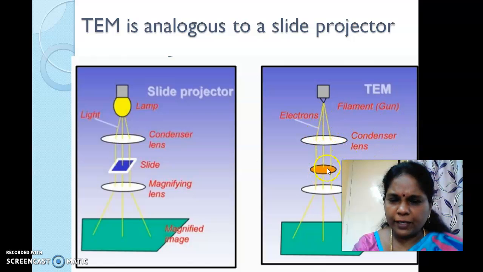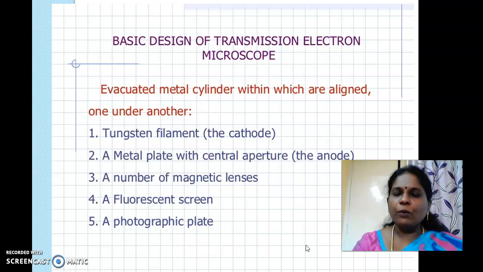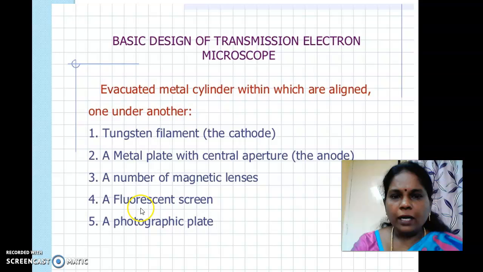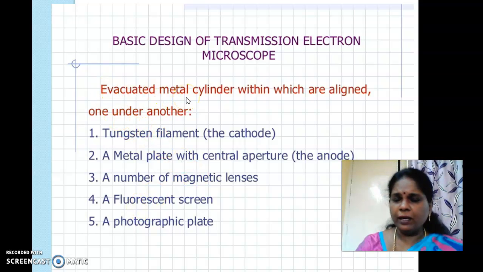They fall on the specimen, get transmitted through the specimen, are magnified by a lens and projected on the screen. The basic TEM instrument possesses a highly evacuated metal cylinder. Why do we have a vacuum? Because only in vacuum can electrons move freely.